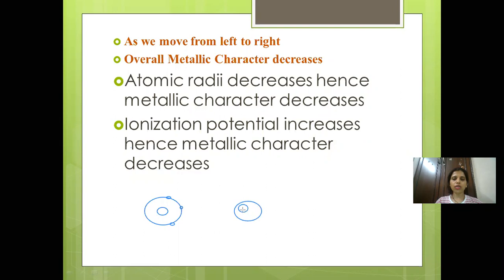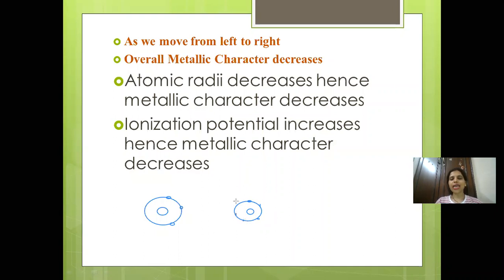So if you're comparing, if you're going to add more and more electrons to this orbit, the size is going to shrink.